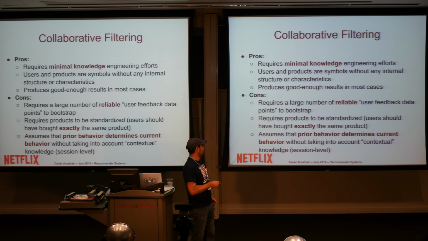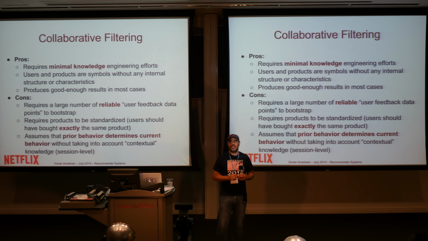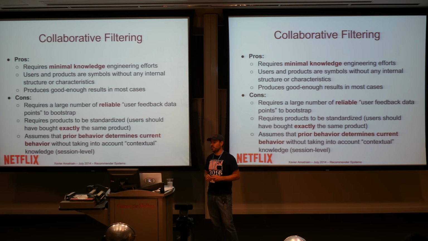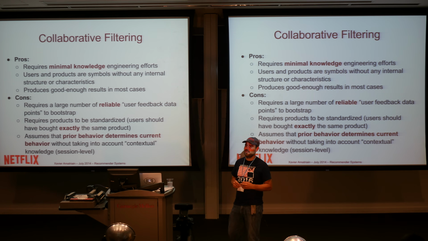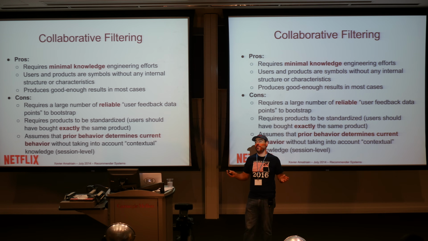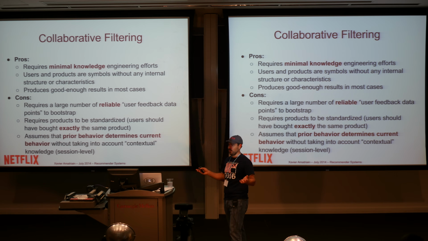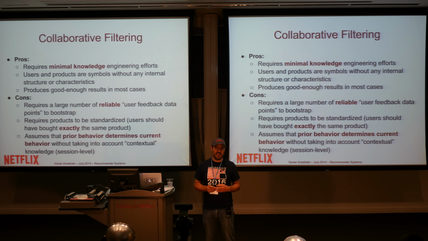The other thing, and these are more minor in some sense, is that I need to have a standardized way to refer to the products or the items. And this is related to another issue I'll mention later, which is sparsity. If your catalog of items is really, really large, think Amazon, for example, or eBay with millions of products, right?